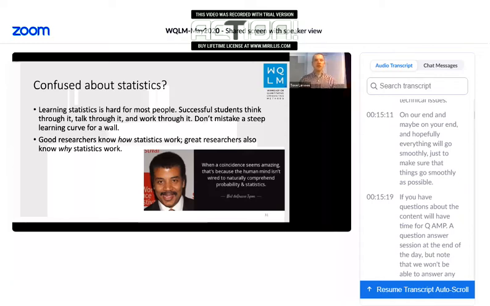I would also say that good researchers know how statistics work, but to take that a step further, I think it's also important to know why statistics work. Usually, learning how statistics works for me is a very mechanical thing. I learn it from a textbook, from a workshop, from a class, from practice, but understanding why statistics works comes in a different way for me.